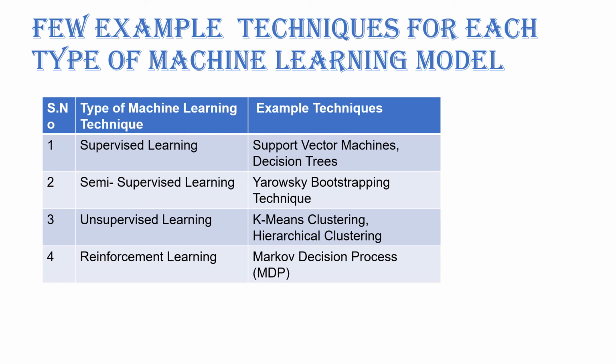That is hierarchical clustering. And for reinforcement learning, the Markov decision process, that is MDP, is an example, about which we'll also discuss in detail in the upcoming lectures, wherein, as we saw earlier, we take decisions and move towards the goal based upon the rewards we get.